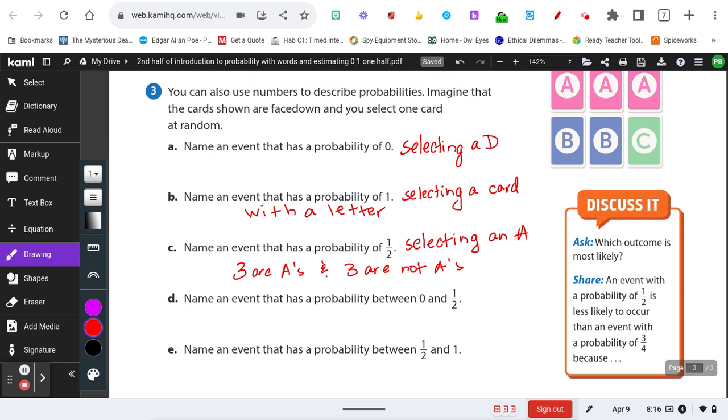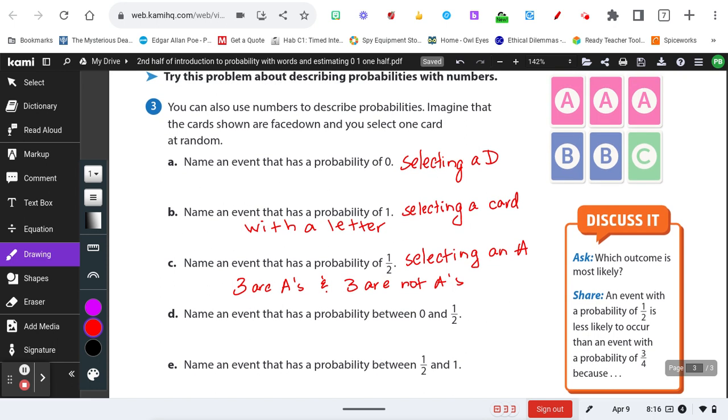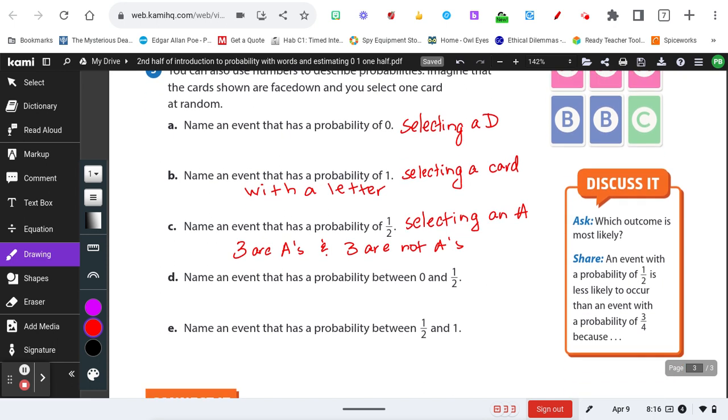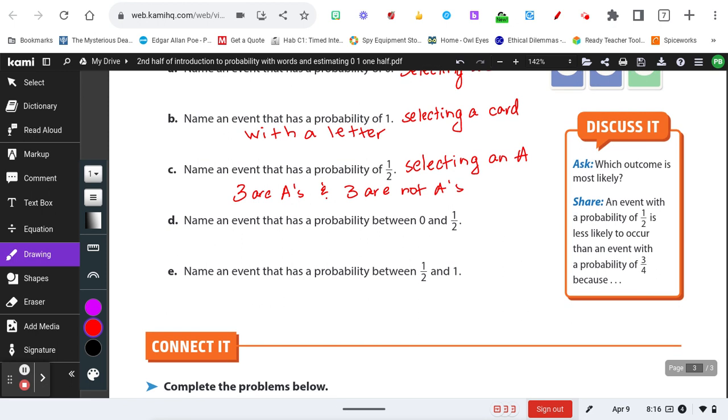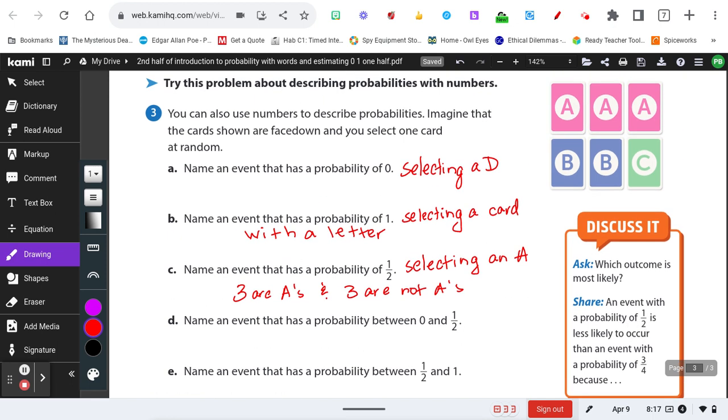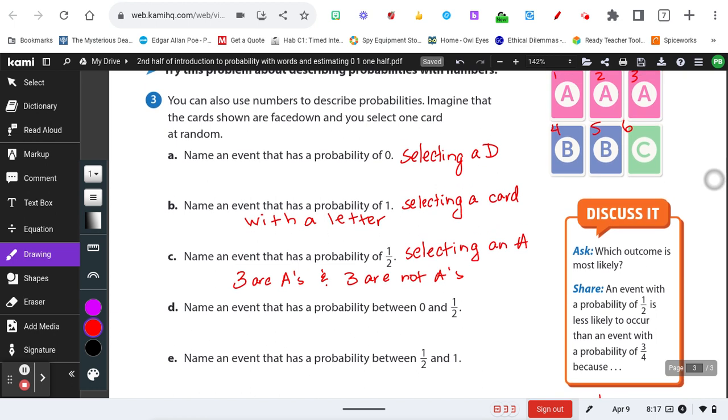Name an event that has a probability between 0 and 1/2. This is what I'm going to do for D and E, guys. I'm going to draw a number line. Here is 0, and over here I have 1. But how many cards do I have? 1, 2, 3, 4, 5, 6 cards in all.